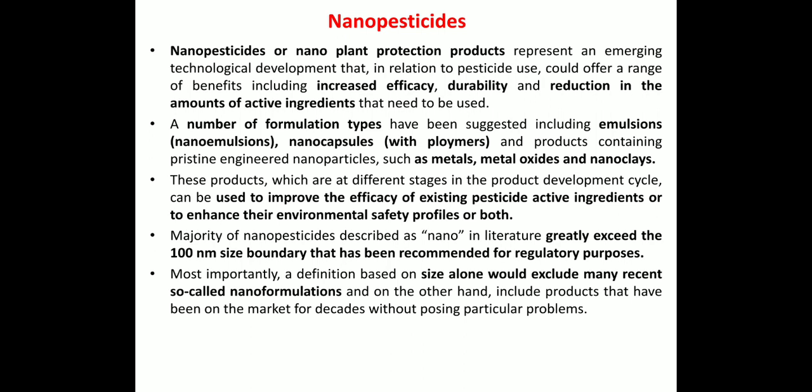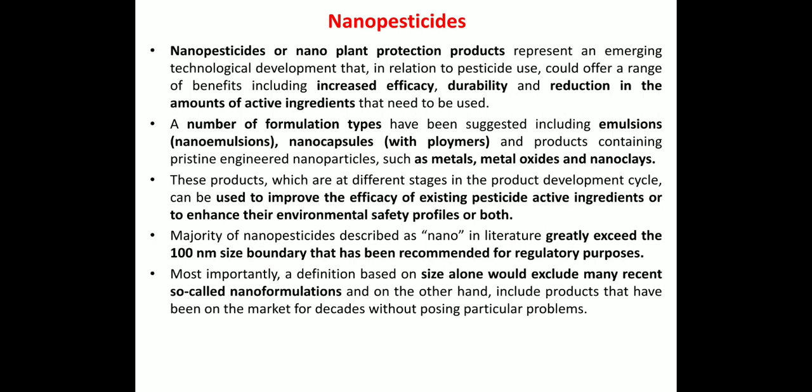Nanopesticides are prepared by means of this type of formulation. These products, at different stages in the production development cycle, can be used to improve the efficacy of existing active ingredients, or to enhance their environmental safety profile, or both.